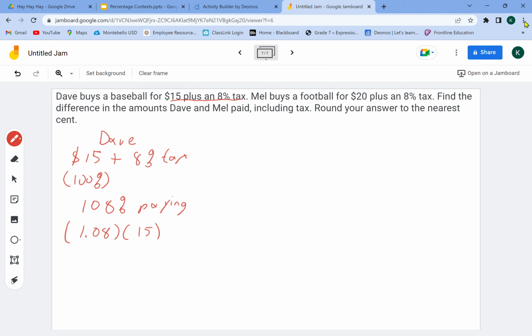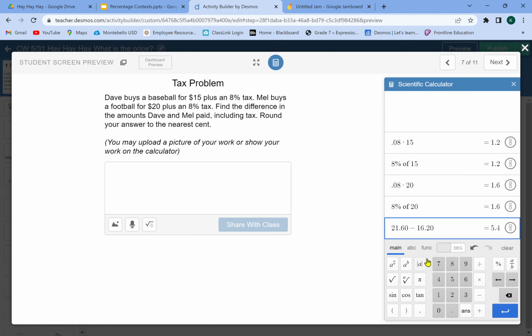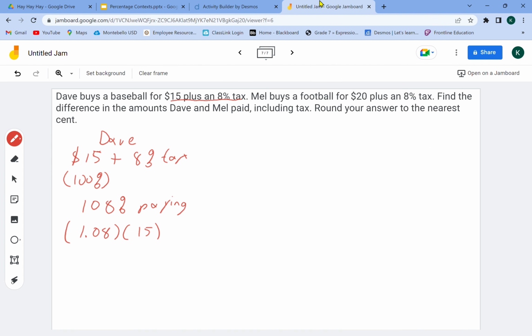To get the answer just a little bit quicker, if we do that, 1.08 times 15, notice that we get $16.20 a lot faster. You could do a similar thing with Mel. Here's Mel: $20 plus 8% tax.